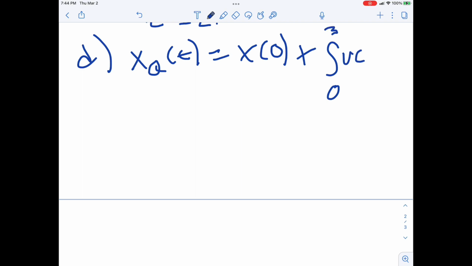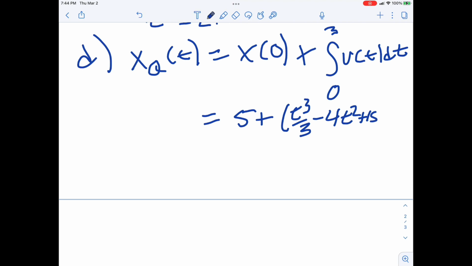If I actually do this integral, I get that this equals 5 plus t³/3 − 4t² + 15t from 0 to 3. And this equals 23.